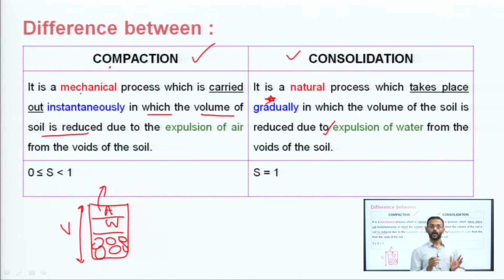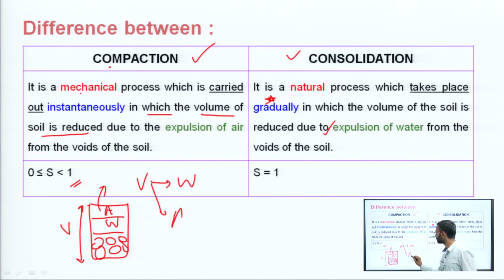Now, another important thing: for compaction the saturation value is less than 1. Why? You can also think about it, because when the saturation is less than 1, that means there is water and also air present in the voids.